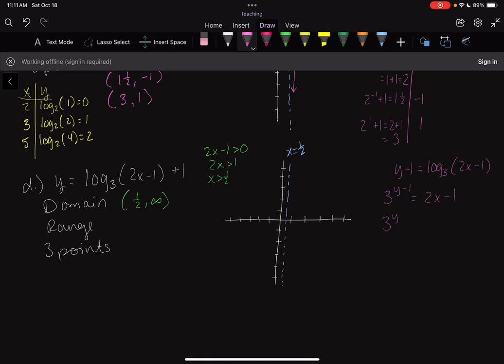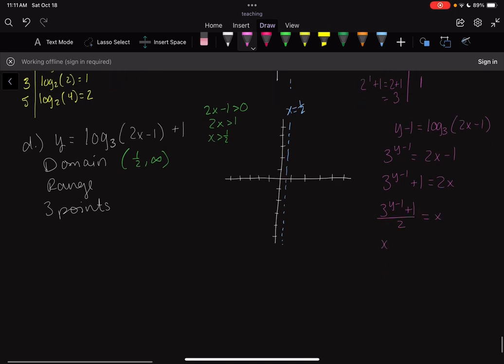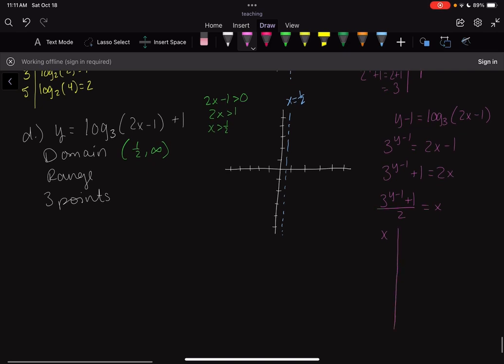If I add 1 to the other side, and then I can divide by 2. So this method ends up giving us a little bit more to solve for. It's a little bit more work to plug it in, but I don't have to think so hard about what I can plug in. I can still just plug in whatever y value I want.